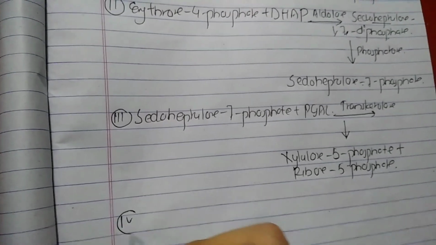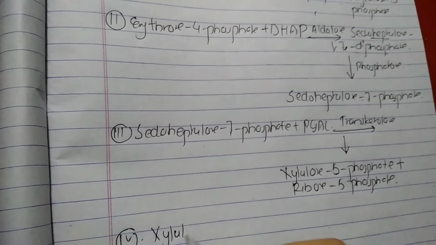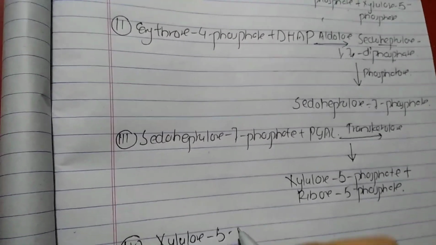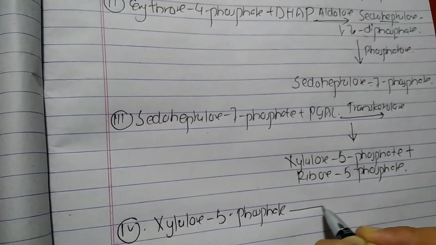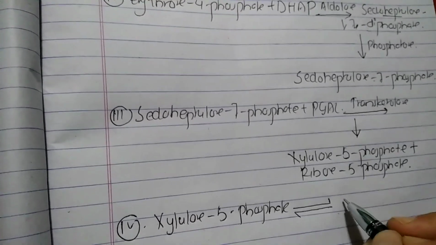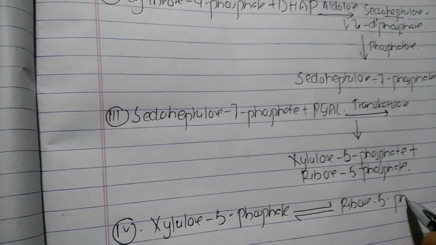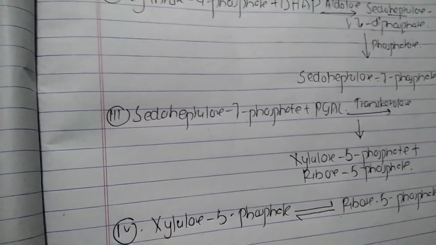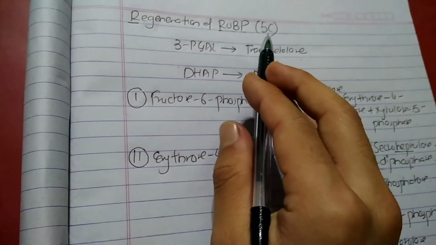And in the fourth step, this xylulose 5 phosphate isomerizes. For isomerization we use this symbol, to give ribose 5 phosphate, and we need to regenerate ribulose 5 phosphate.